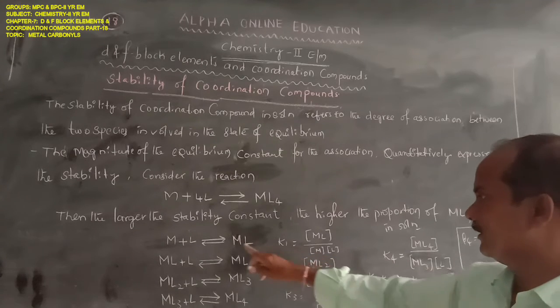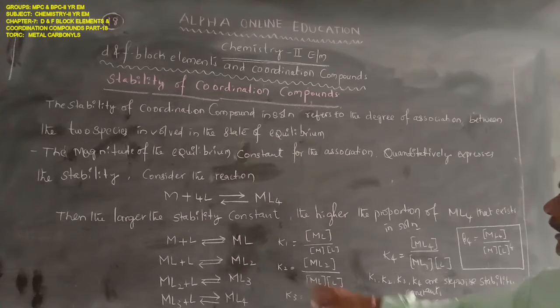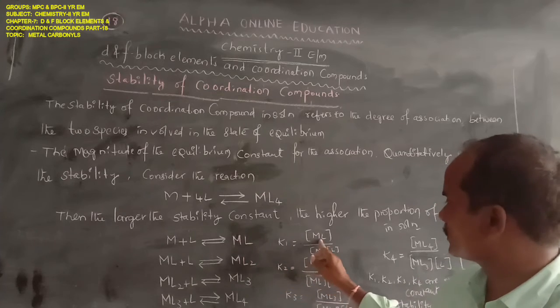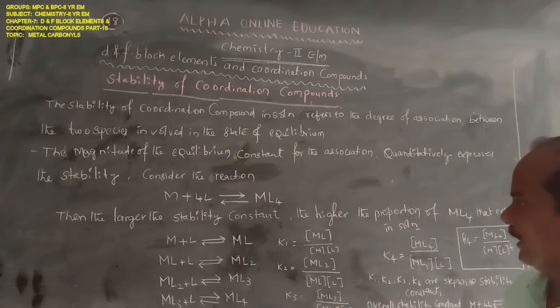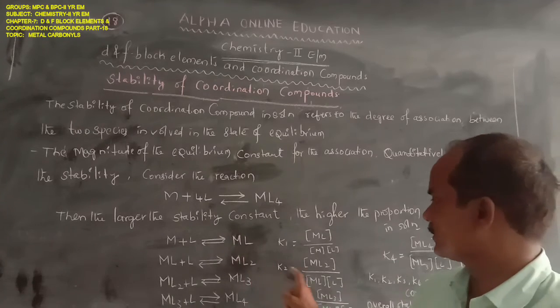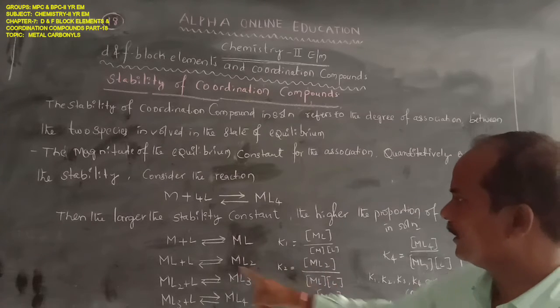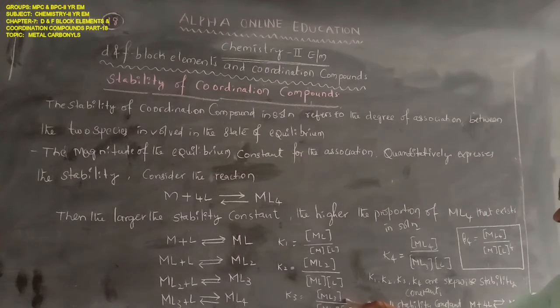How can you write them? The stability constant for the first step, K1, equals, according to the law of mass action, the concentration of product by the concentration of reactants, that is ML by M into L. For the second step, K2 is ML2 by ML into L. K3 equals the concentration of ML3 by the concentration of ML2 and L. K4 is the concentration of ML4 by the concentration of ML3 and L. So these K1, K2, K3, K4 are the stepwise stability constants.